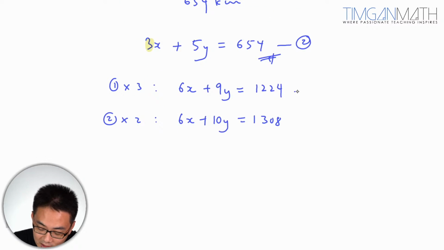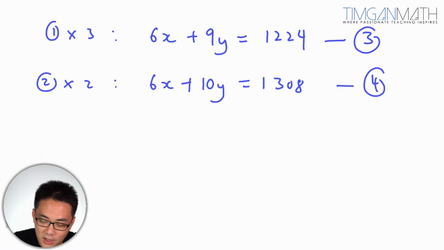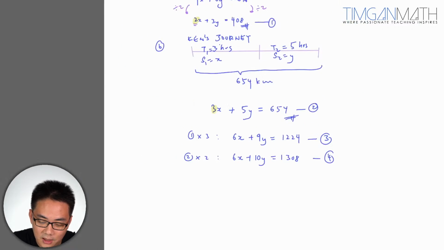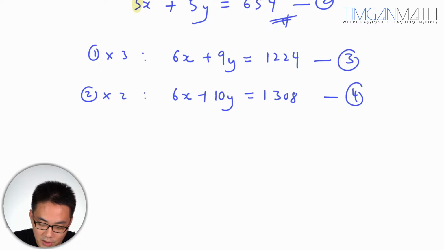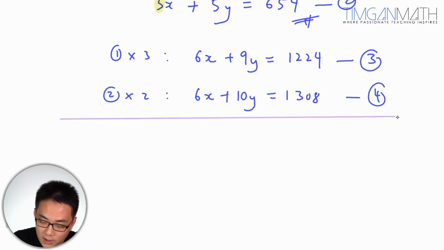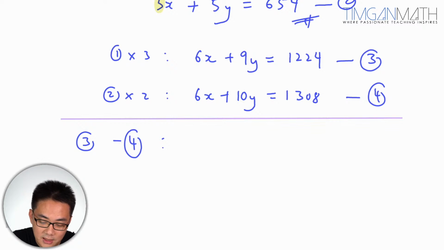Once this is done, this is pretty decent. The reason why I do not want to use substitution is because I do not want to have a fraction. It's very annoying to have that, but this is a nice integer here. So with equations 3 and 4, I'm going to take 3 minus 4, because by doing that, 6x minus 6x is actually 0x.